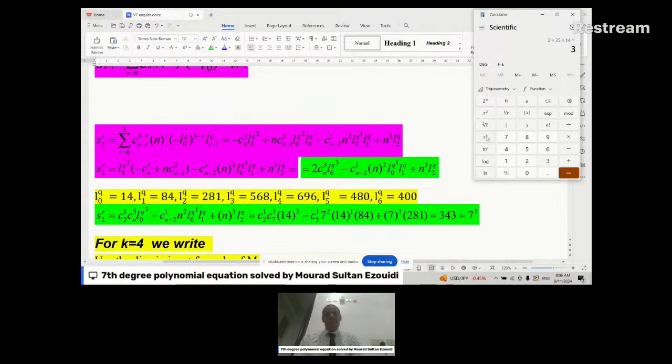Then minus combination 5 choose 1, which is 5. Minus, learners, 5 times 7 squared, which is 49, times 49, times 14 times 84. Plus 7 cubed, raised to the power 3, times 281. So this one has to be equal to, are you sure?